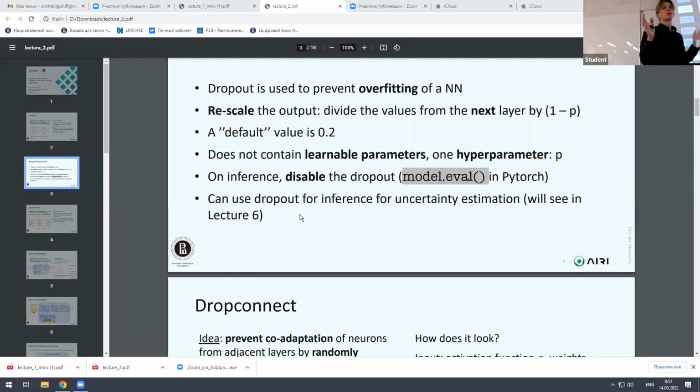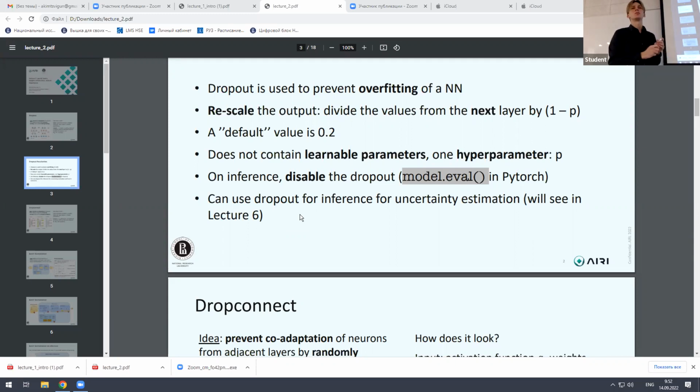One of the state-of-the-art methods for gauging the uncertainty of our neural network is to enable the dropout on inference, make some stochastic runs through our network, let it be like 10 stochastic runs, and then average the results, or see the variance of the results, or calculate some other statistics from this number of stochastic runs. It can give us a good proxy for how certain the neural network is in its result. But we'll speak much more about this in lecture 6.